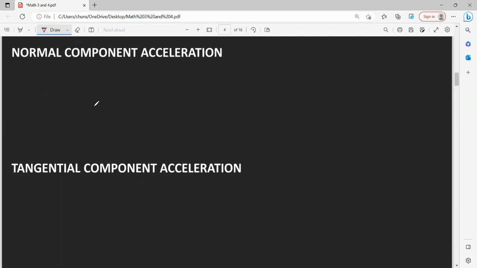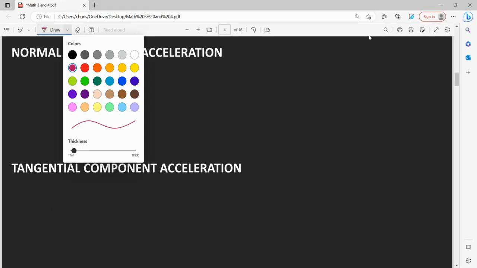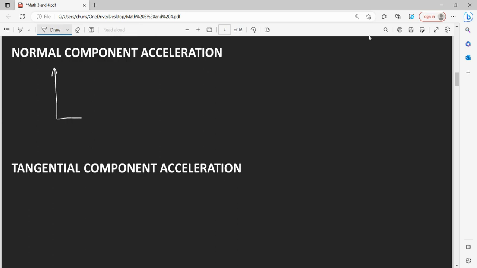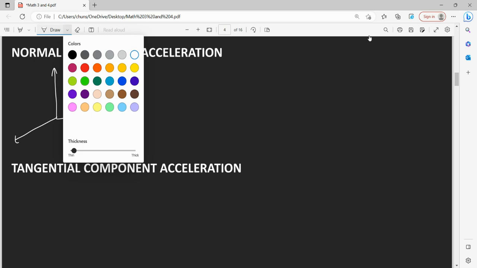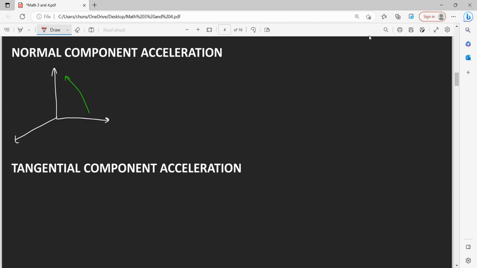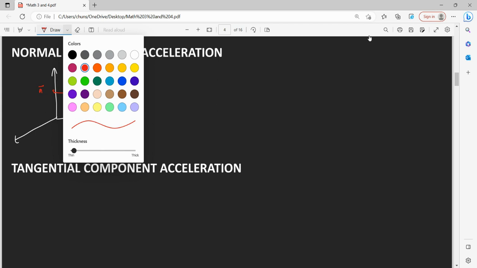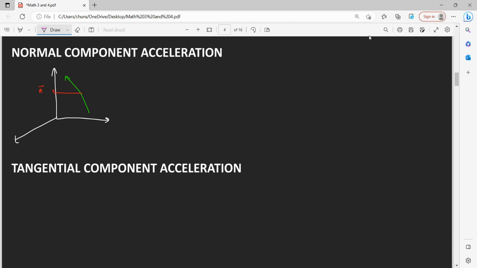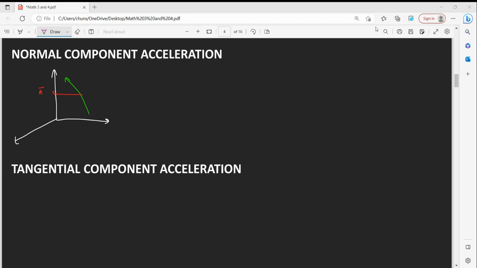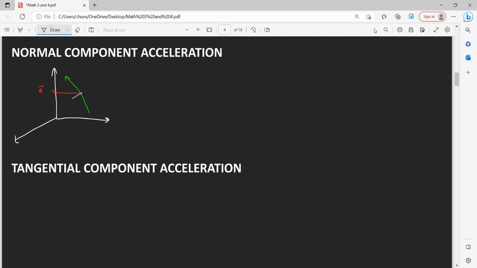Okay, let's talk about the normal component of acceleration. If we took a look at that same space curve again, and let's say we had an acceleration vector in this direction, the normal component of acceleration would look a little something like this.